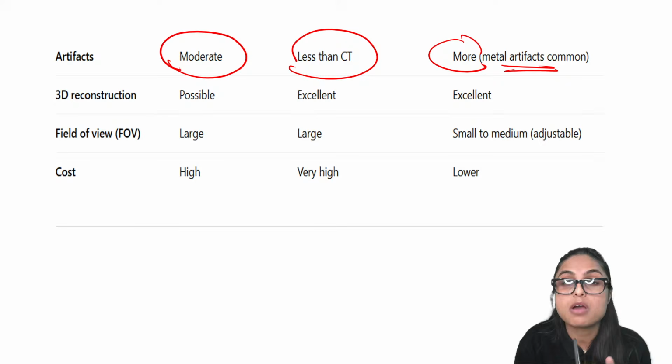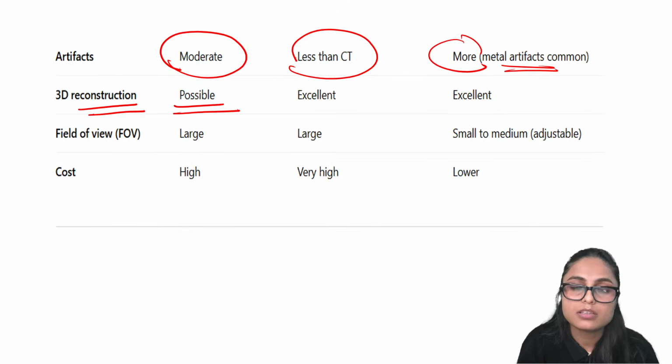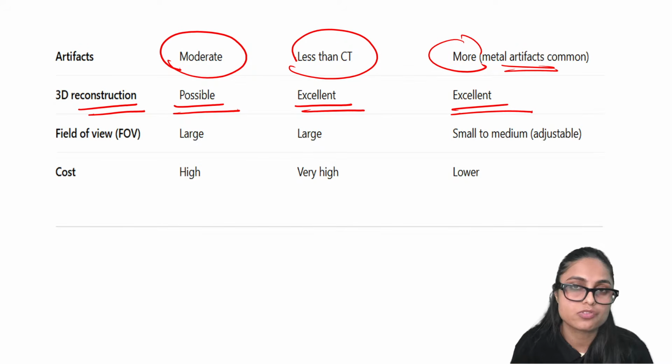We have studied CBCT artifacts, correct? So the metal artifact that we get in CBCT is more. 3D reconstruction using CT scan is possible. With MDCT we can get excellent 3D reconstruction, and CBCT also gives us excellent 3D reconstruction.